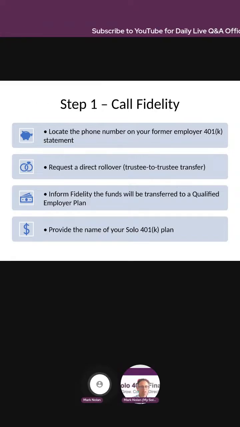This ensures the rollover remains non-taxable because the check is made payable in the name of the 401k. If the check was solely made payable in your name, Fidelity would treat that as a distribution. By making it payable in the name of the 401k for your benefit as a trustee of the plan, that's considered a non-taxable direct rollover.